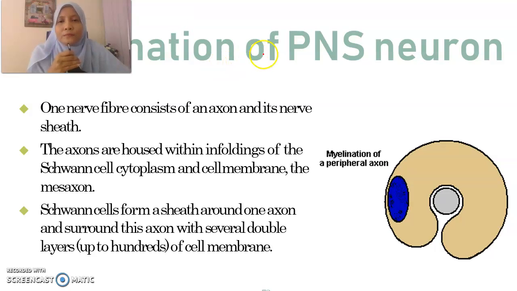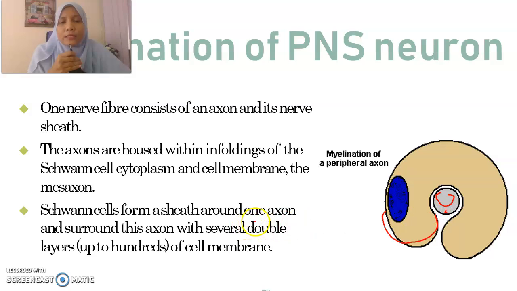How does myelination inside the PNS occur? It starts from one nerve fiber and its nerve sheath inside the peripheral axon, and this axon is housed within enfoldings of the Schwann cells, meaning the Schwann cells enfold this axon.